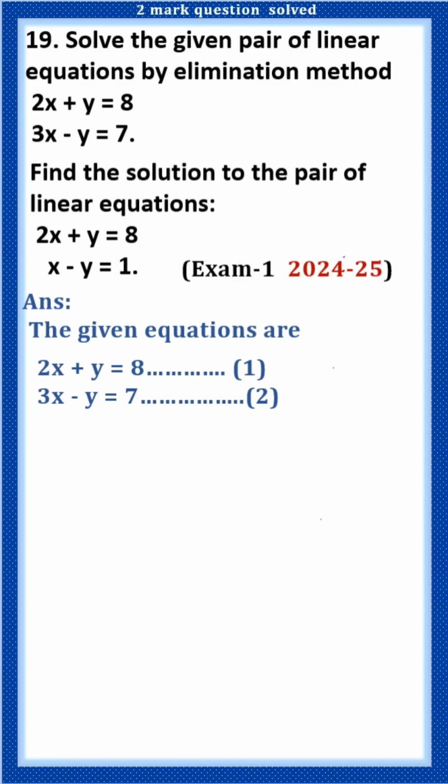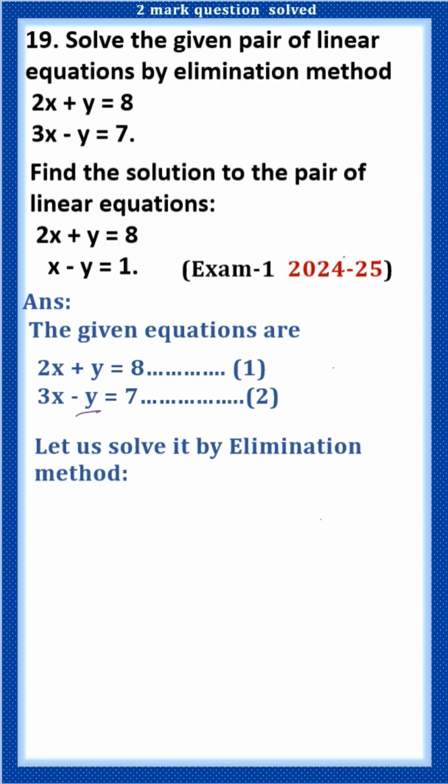So now, how can we eliminate y here? By adding equation 1 and 2. If we add equation 1 and 2, observe y and y, positive of y, negative of y, they have the same coefficient with different sign, so they can get cancelled. 2x plus 3x is equal to 5x, 8 plus 7 is equal to 15.